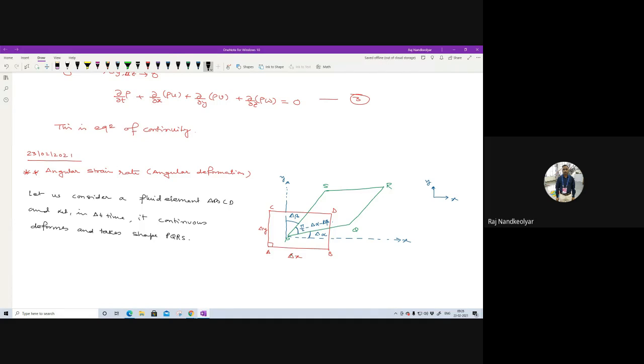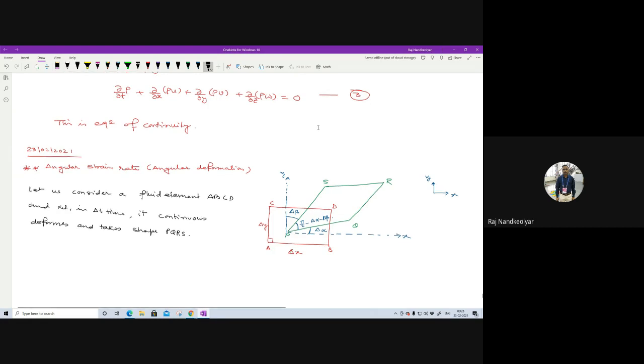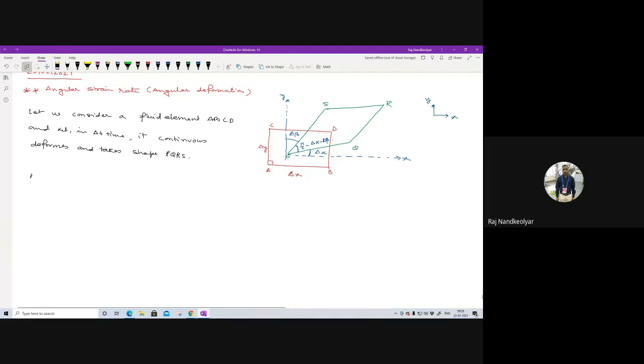Now this angle is pi by 2 minus delta alpha minus delta beta, so that can be obtained if you can find delta alpha and delta beta. So we are now interested in finding the values of delta alpha and delta beta first, so that after finding these we can find pi by 2 minus delta alpha minus delta beta.